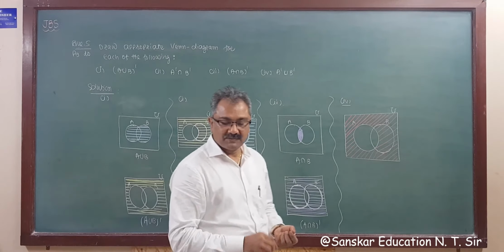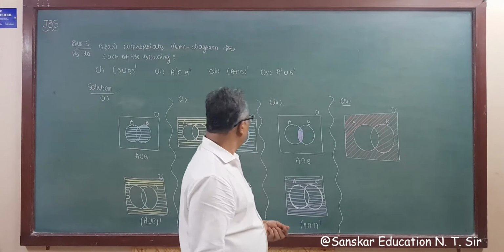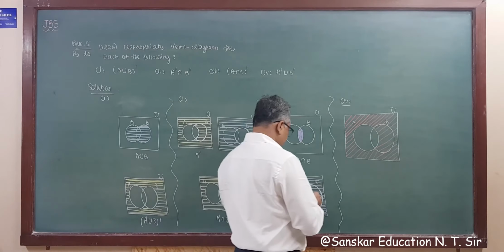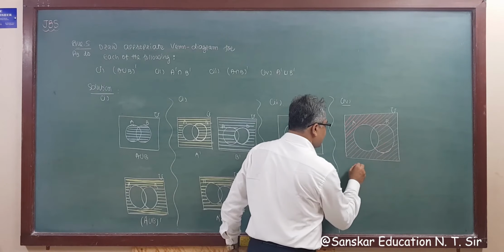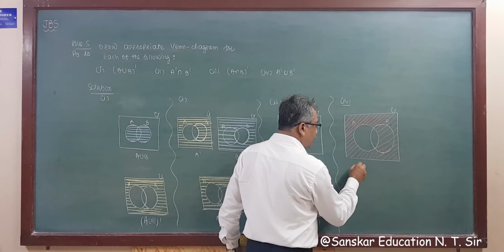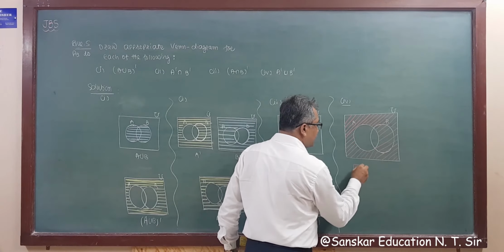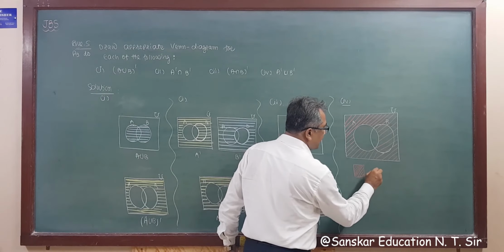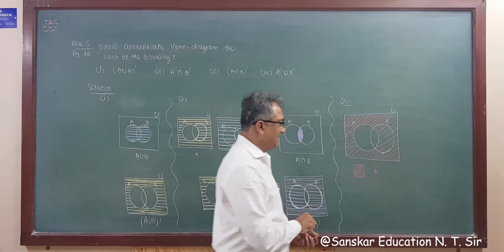Now we have to indicate B dash. So this red area is your A dash. If you want to represent both in one figure, you have to write like this. This is A dash.